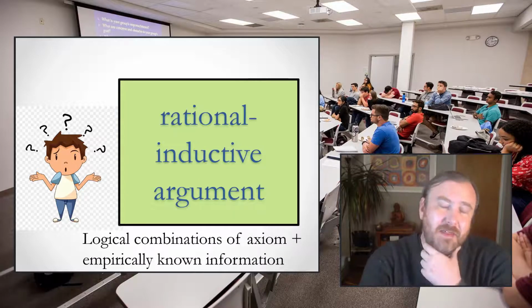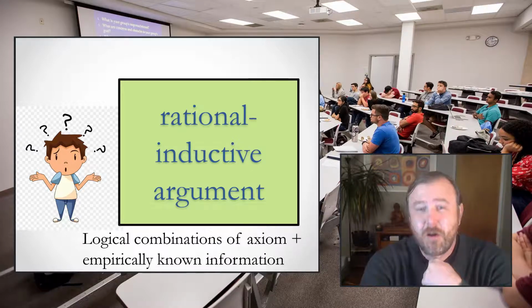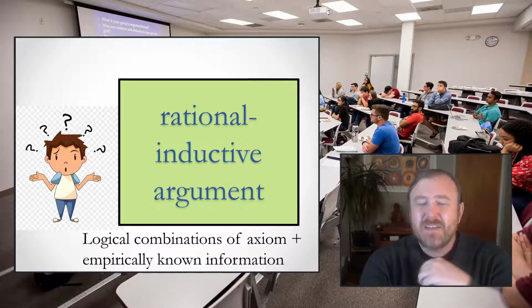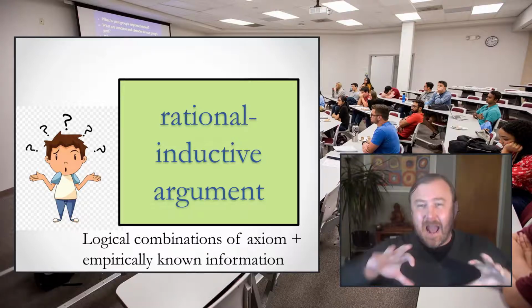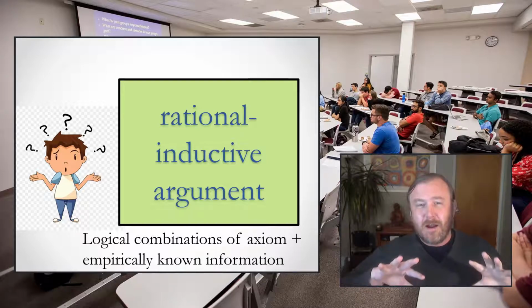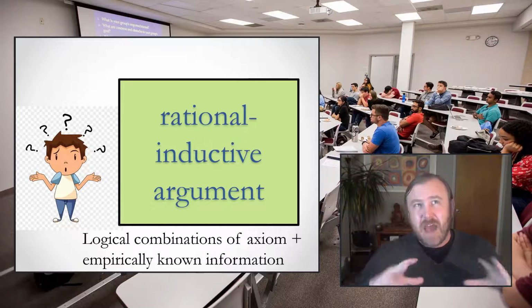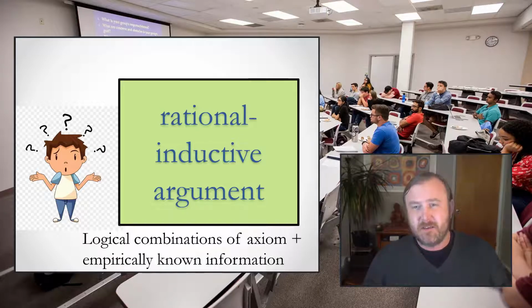So another way that we can come to knowledge is through rational inductive argument. And this is basically taking axioms or facts that we have confidence in and combining them so that we can make new knowledge through inductive argument, right?